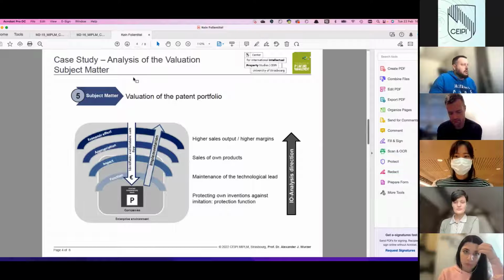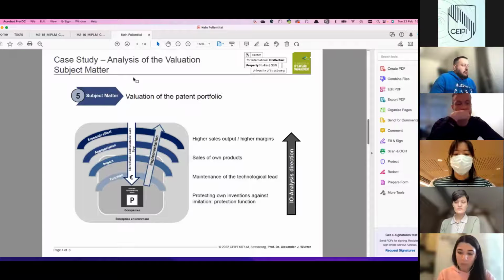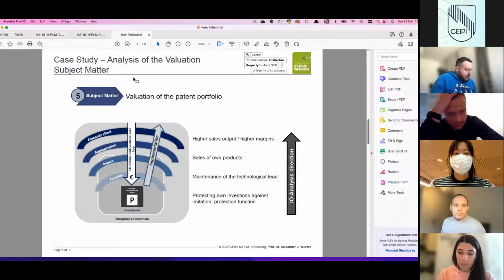Yeah. And the returns, since it's a patent in this case, are used to protect their own product, and the appropriation is guaranteed by their own sales. So the patents are used to protect this innovative drilling system and apparatus, and by selling the product, the appropriation is achieved.